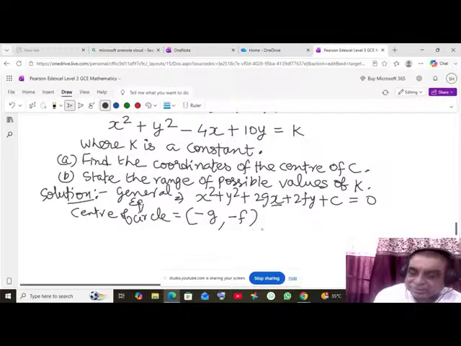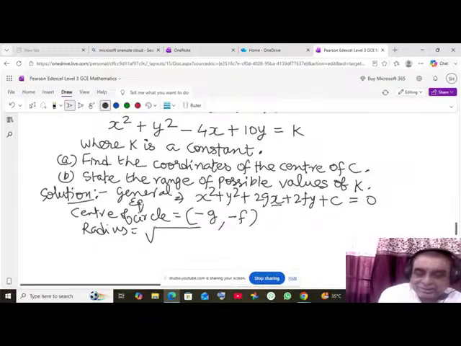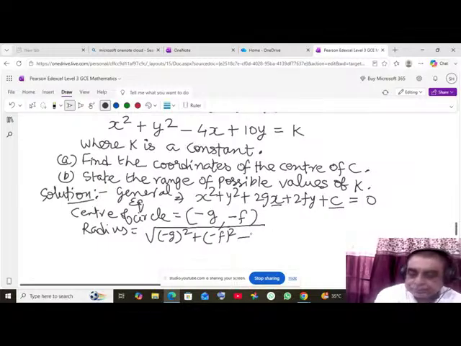That is the center of the circle, and the radius formula is this. Square the x coordinate of the center, square the y coordinate of the center, subtract the constant c, and take the square root.